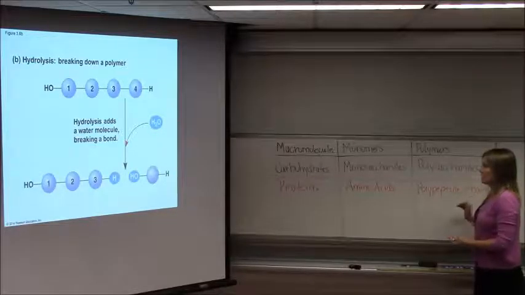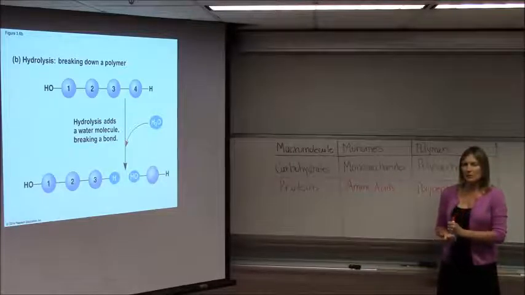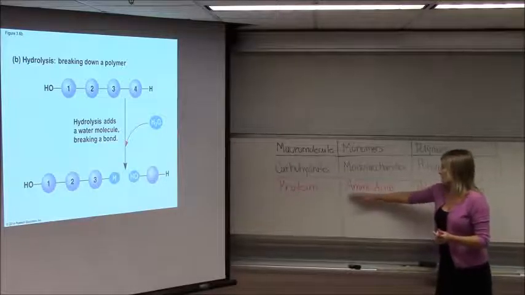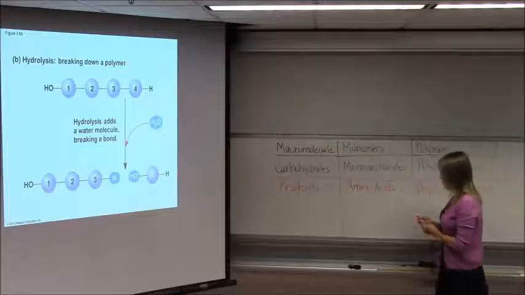It's not called a protein because, as you'll see, a protein has a very specific three-dimensional shape, and this is just referring to the chain of amino acids. So a chain of amino acids is called a polypeptide chain.